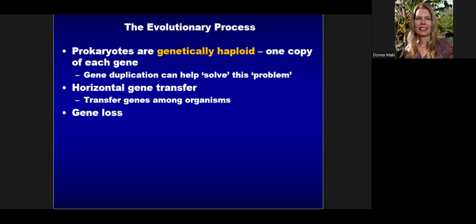So if they're in a habitat and they're like, you know what, this gene has just been sitting idle for decades, so to speak, I don't need it, I'm going to purge it because it's less upkeep and less energy expenditure for me. So microbes in particular, and viruses, which aren't really considered living entities, are pretty good at purging DNA that's no longer useful for them in that particular habitat. That is another avenue that I think often gets overlooked in a general evolution class.